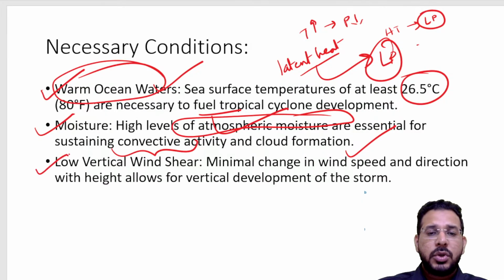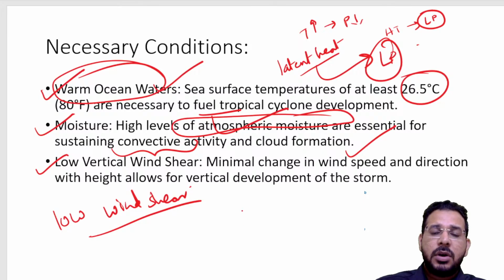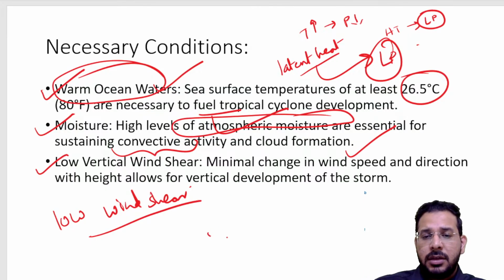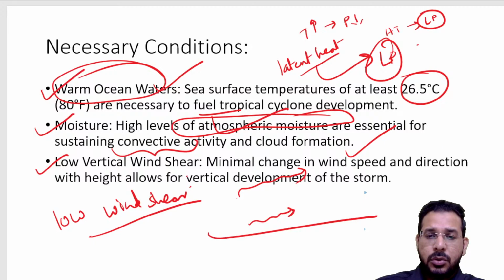And it also requires low wind shear. So wind shear means what? Normally, on the earth everywhere we have wind shear. Means the wind at lower levels will be going with some speed, the wind at upper levels will be going with high speed. So these different layers of winds are having different speeds.